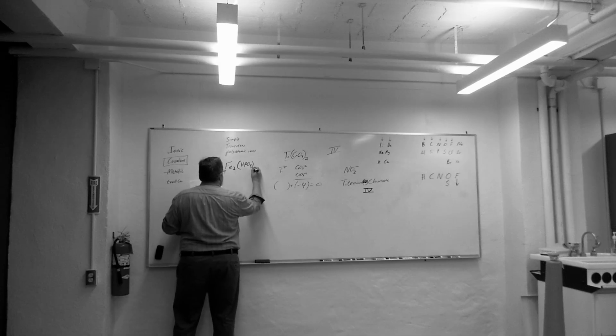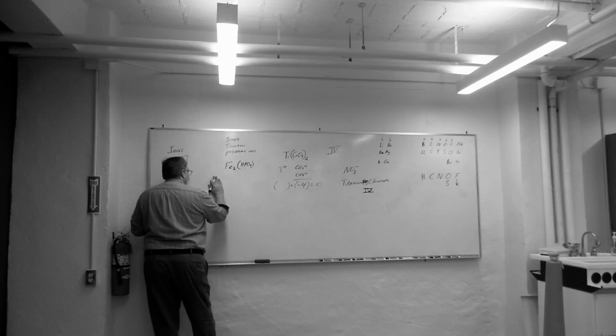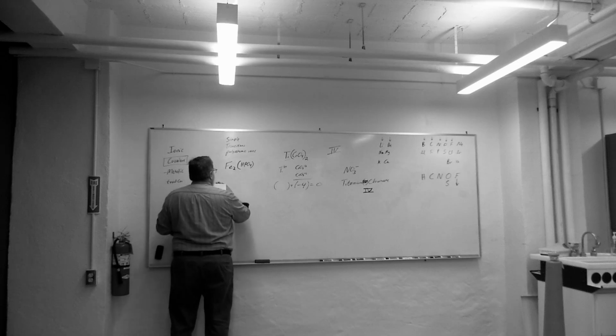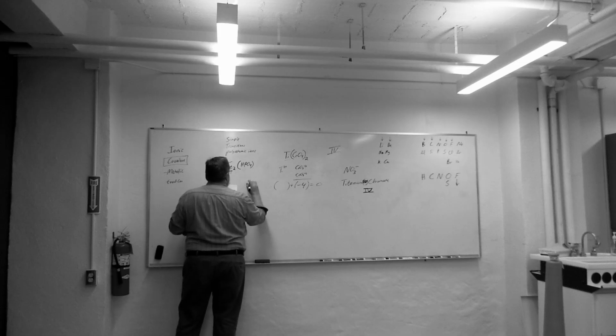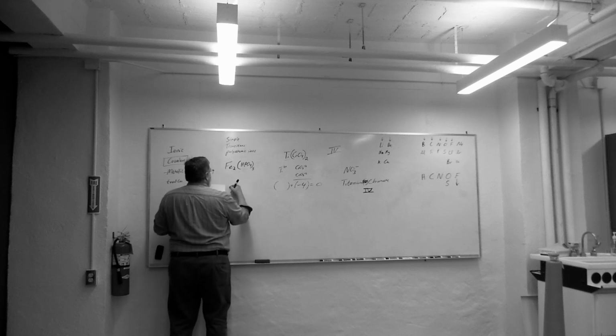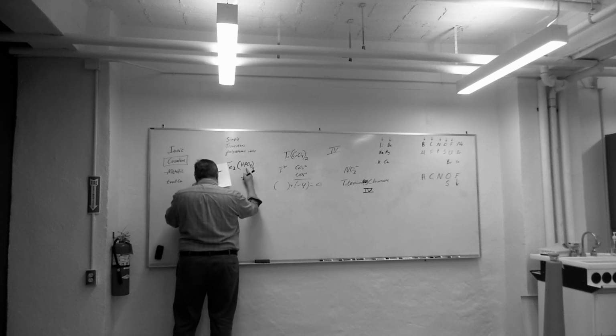Why can't I do this on the side? If I want that to be +3, that would be 6. Let's do that as 2. So I need a charge of 2 here.